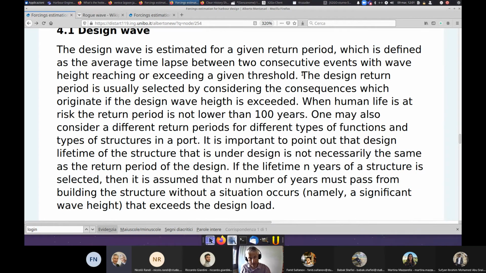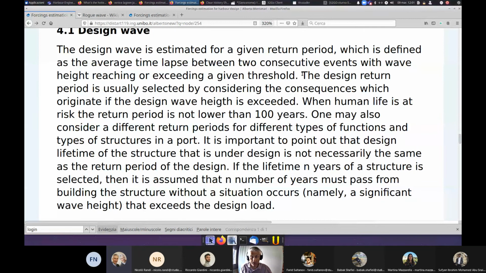Okay, another counterexample. When we design a sewer system for urban drainage, so it means the drainage of urban roads, etc., the expected lifetime is about 50, 100 years. The design return period usually is much lower, it's about 10 years. Why?